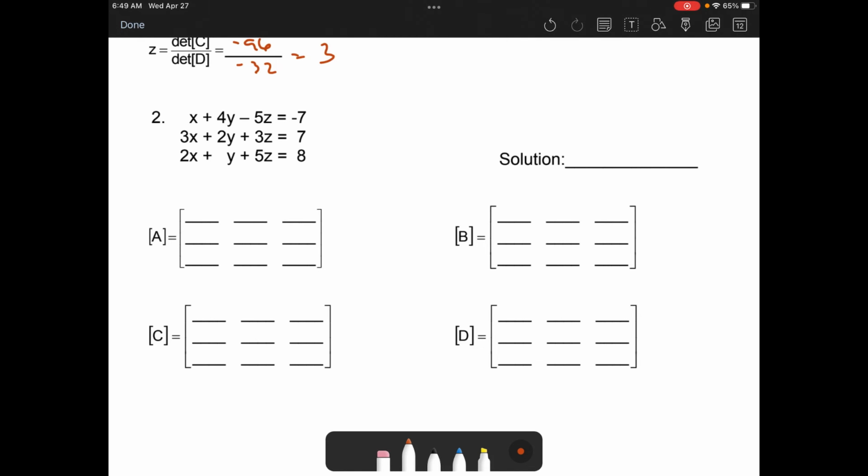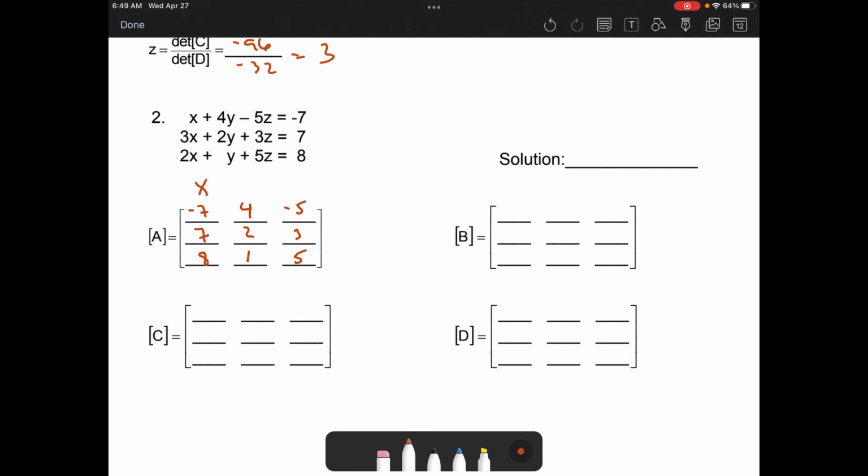So the first thing we need to do is set up matrices. Okay, so I'm going to set up A, so this is my X matrix. So I'm going to replace my X coefficients with my constants. Y's remain the same. Z's remain the same.